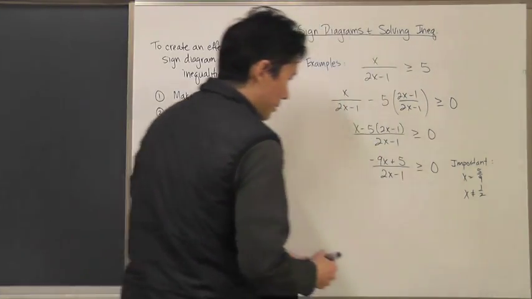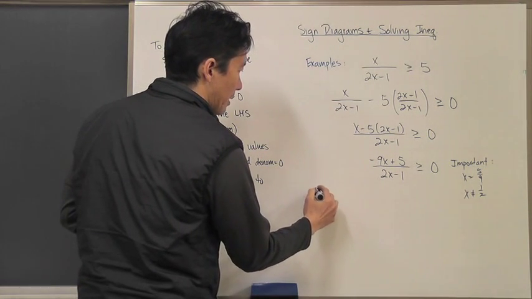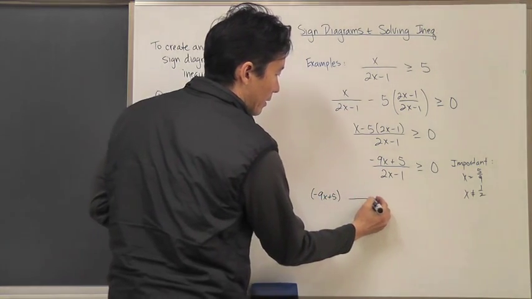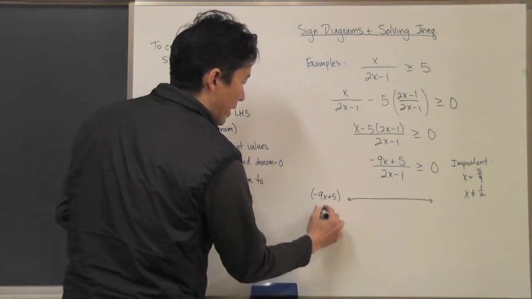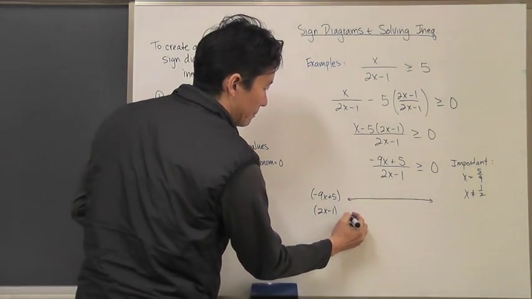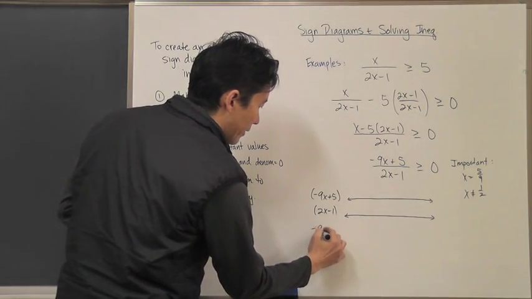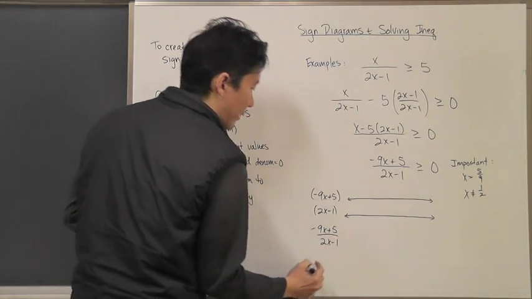So we can still do the same sign diagram now, and we can take a look at each one of these factors separately. So here's the negative 9x plus 5. Let's go ahead and just draw it like that. And here's the 2x minus 1. And then here's the negative 9x plus 5 divided by 2x minus 1.